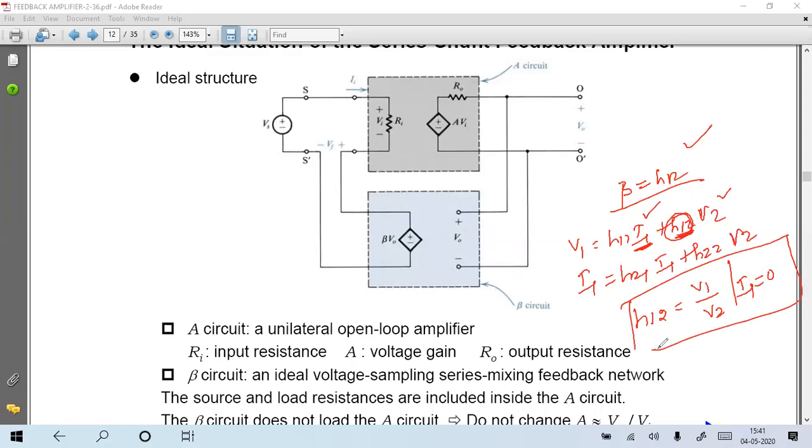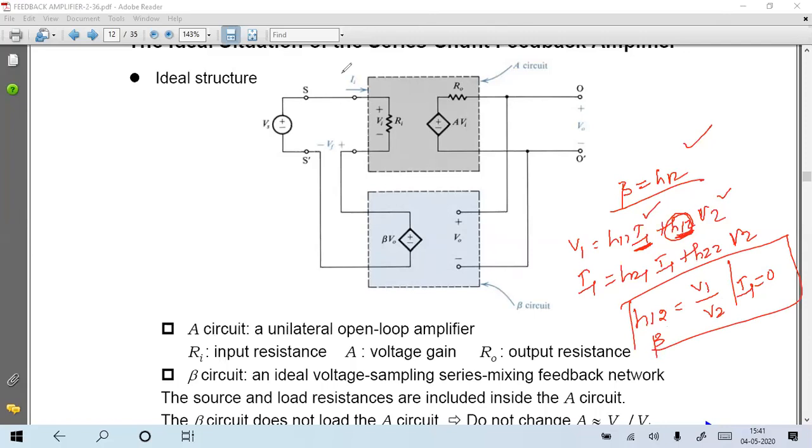This concept you have to follow to find H12. H12 is nothing but beta, the feedback network gain factor. Putting I1 as 0 in equations 1 and 2, we can find H12, as already discussed in the two-port network.